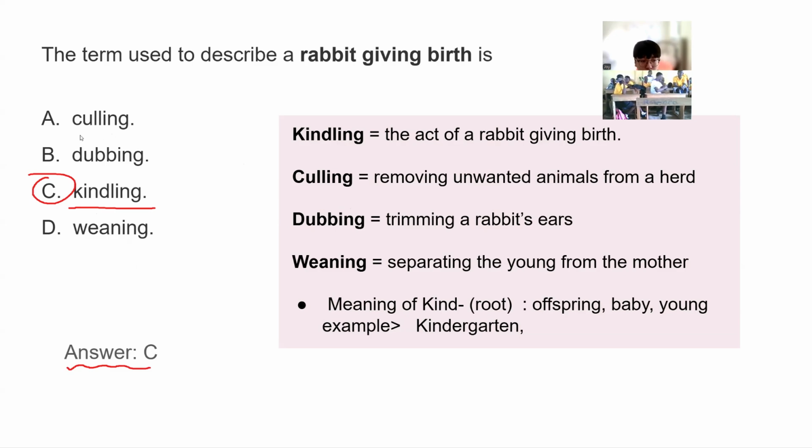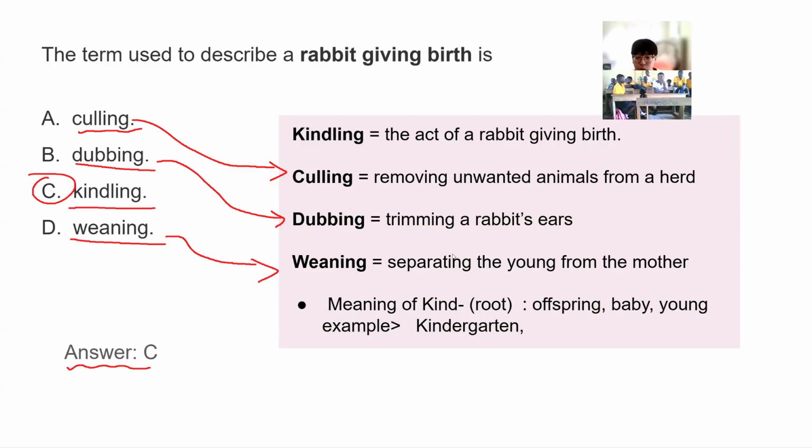And other terms: culling is removing unwanted animals from the herd, dubbing is trimming a rabbit's ears, and weaning is separating the young from the mother. So kindling is the correct answer for this question.